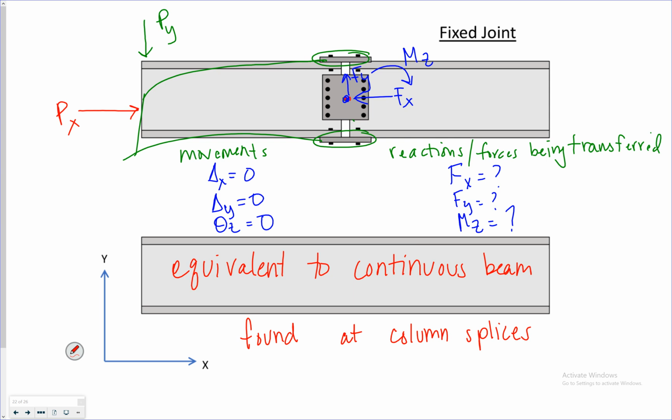You can only make columns so tall before it's prohibitive to move them from where they're made at the mill or the fabrication shop to your site. So if you're building a building taller than a couple stories, you're going to have a splice to join your columns, and you make a fixed joint there so that the column will act as one whole column that's 4 stories tall instead of 2 columns that are 2 stories tall each.